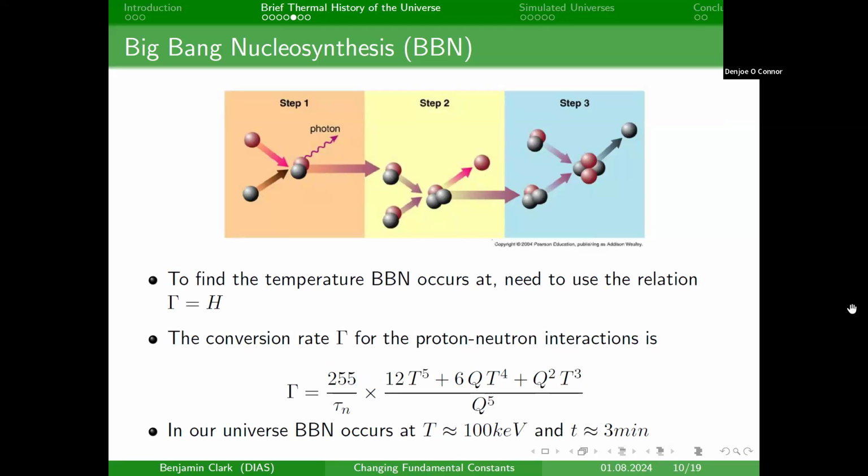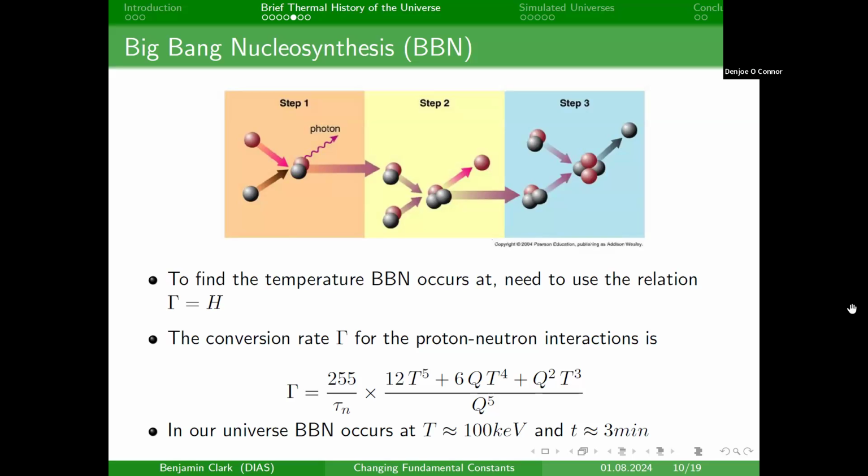v is equal to 1, because again we're treating them as relativistic at this point, and so we end up with this expression here, where tau of n is the neutron lifetime, Q is the mass difference between a proton and a neutron, and T again is temperature. We can set this equal to the Hubble parameter and solve for T, and that will give us when this occurs in our universe.